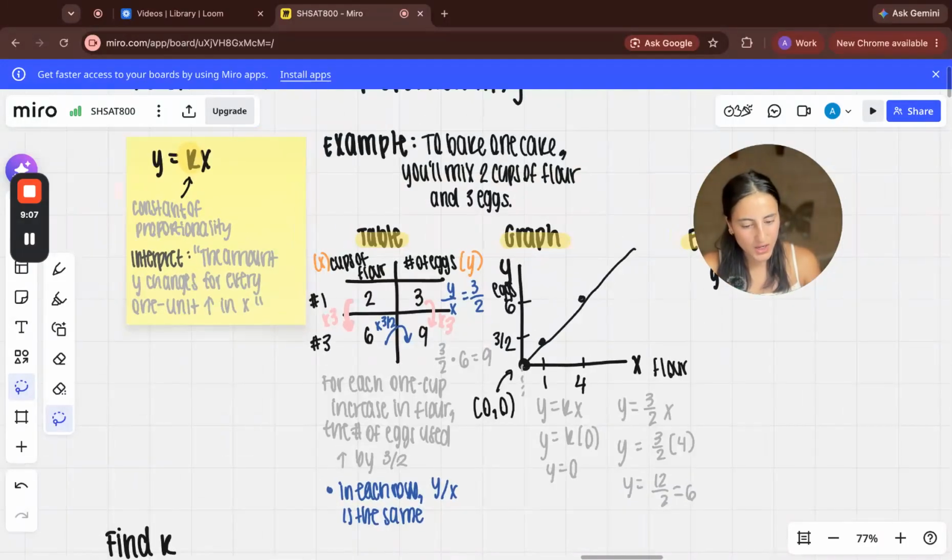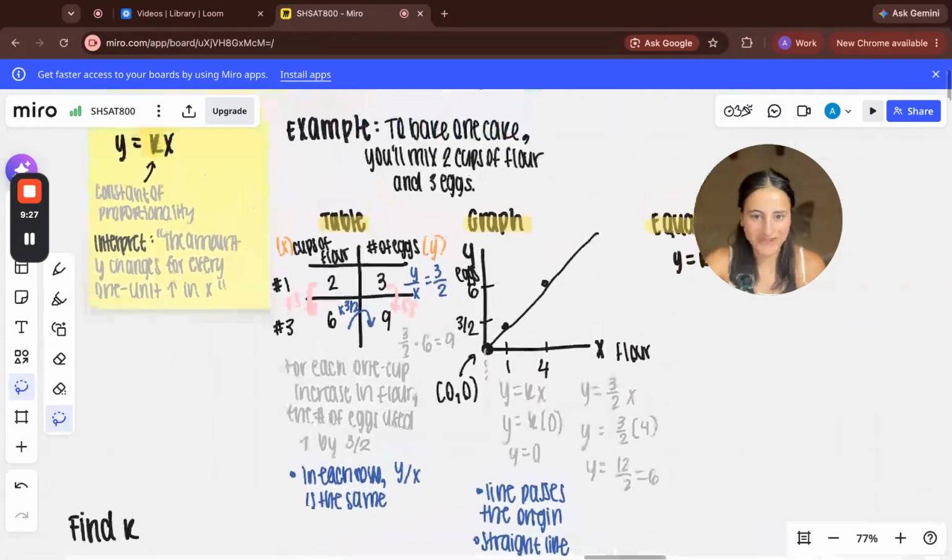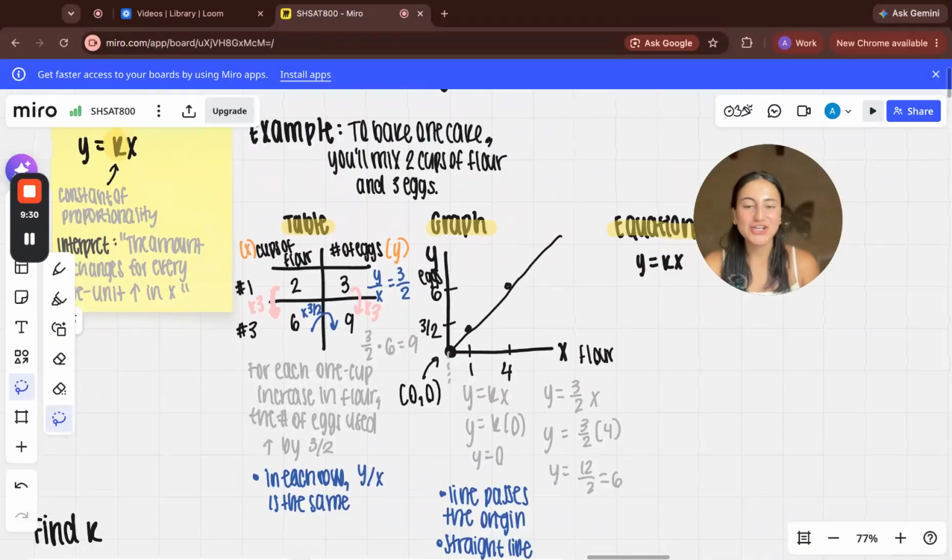Then for the graph, you want to make sure the line passes through the origin, which is that (0, 0) coordinate. The second thing is to make sure the line is perfectly straight. That's how you know you have a proportional relationship. Oh, I realize you can't see that bottom part. I think I'm running out of space. So that's the one thing we're checking in the table, and the two things we're checking in the graph.